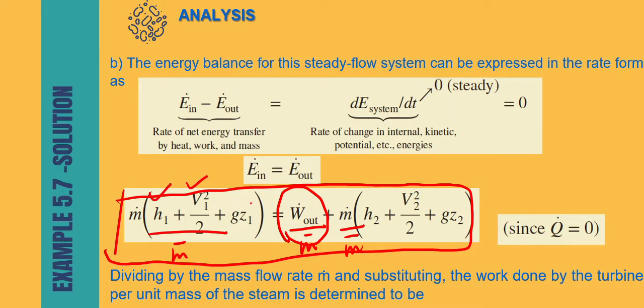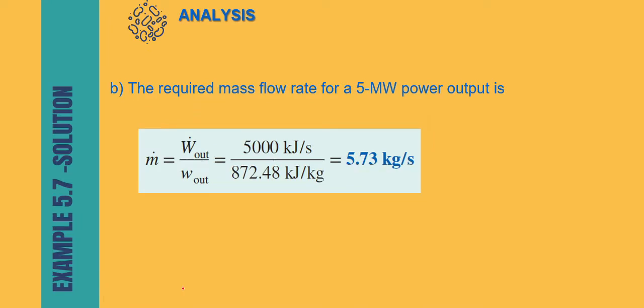Because you already have this information given, divided by mass, there is no more mass here, and this one also has no more M. So you get this W out. Arranging the equation, you get your W out equal to this. Okay, now you can straight away calculate the mass flow rate by multiplying with W.